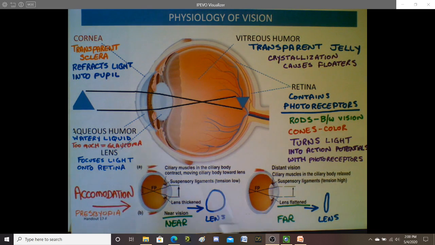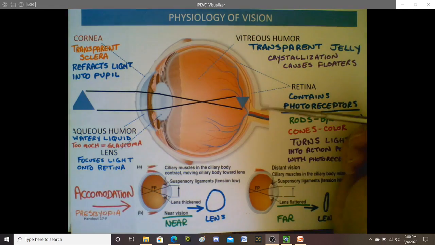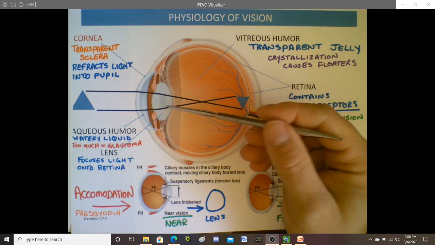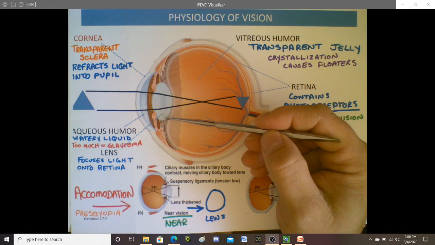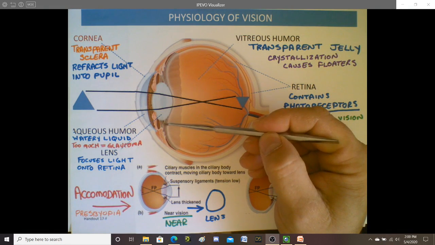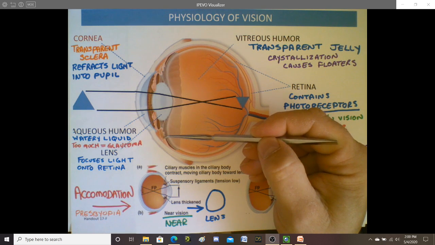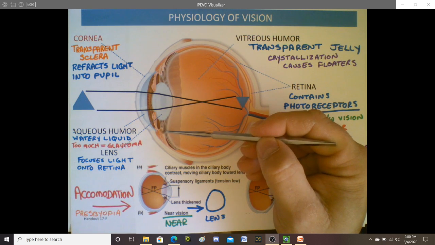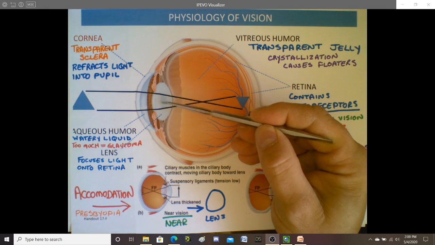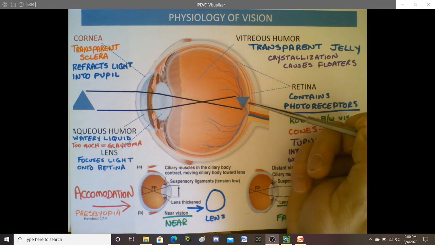Now, to focus, the lens has to focus the light onto the retina. In order to do that, remember we go back to the suspensory ligaments and the ciliary body. So the ciliary body is going to pull on the suspensory ligaments, which then changes the shape of our lens to focus the image onto the retina.